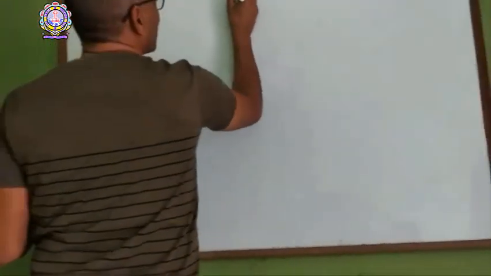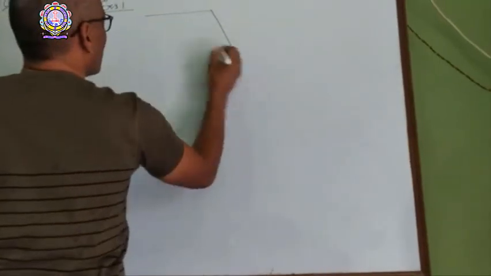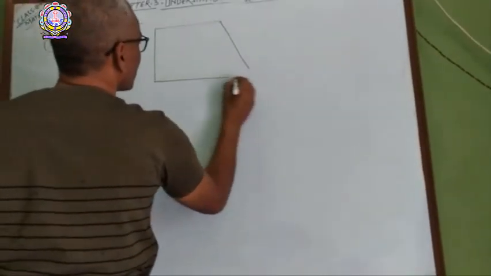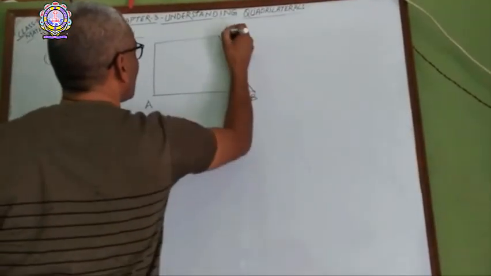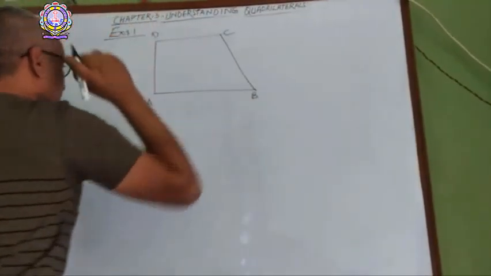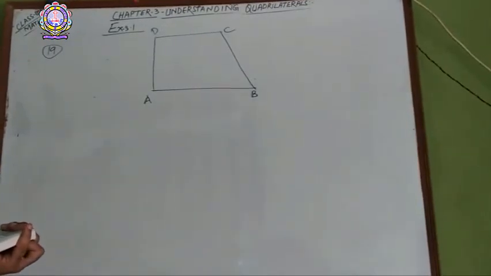Okay, here is a quadrilateral ABCD, A, B, C and D. What is your question?